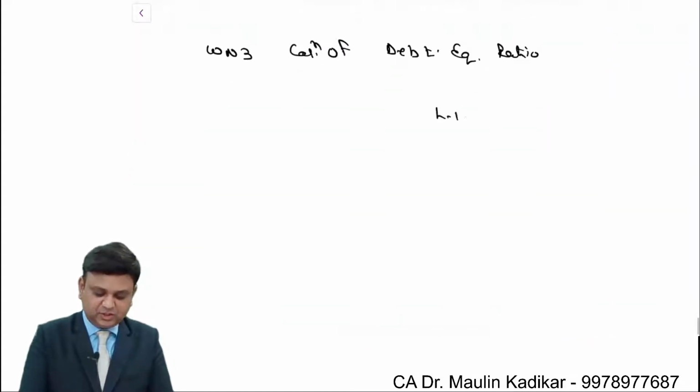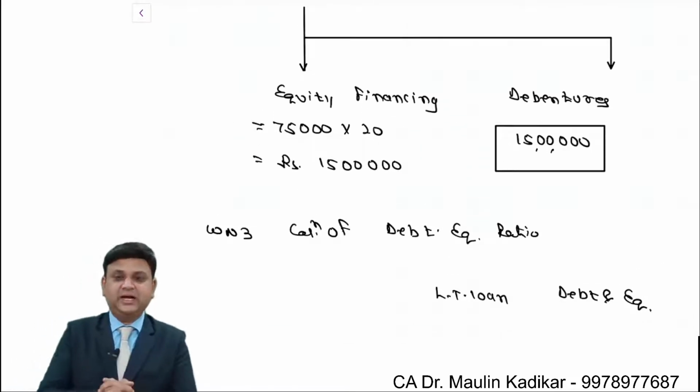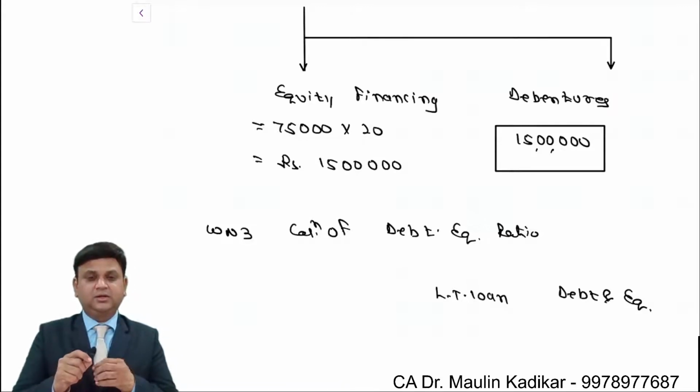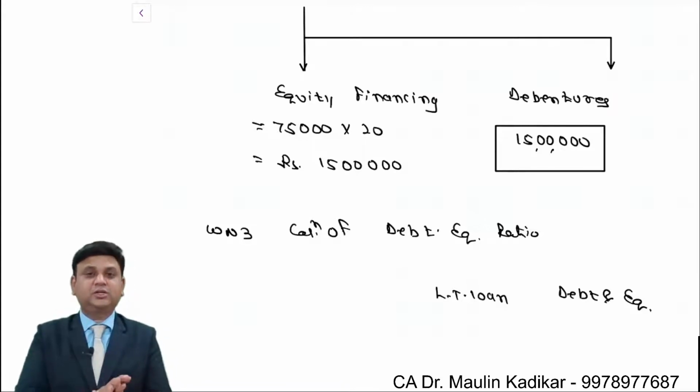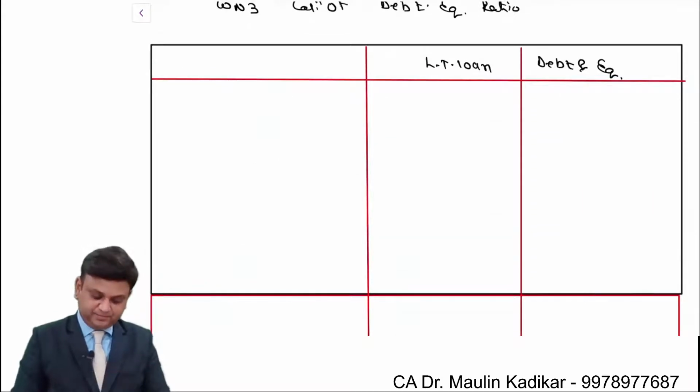One is the long-term loan and the other is the combination of debt and equity. I want you to tell me the answer of the debt equity ratio for the long-term loan option. Let us see how to answer.